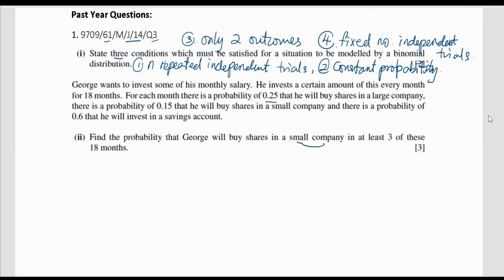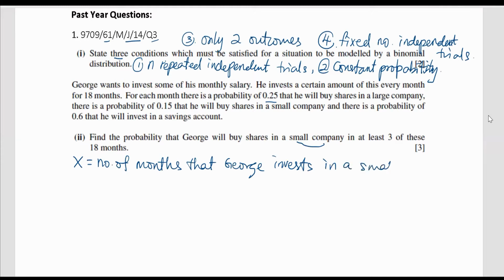So first, you must define what the variable is. X is the number of months that George buys shares in a small company.